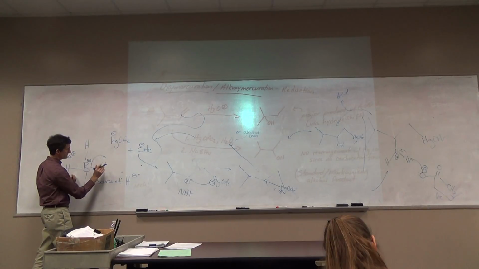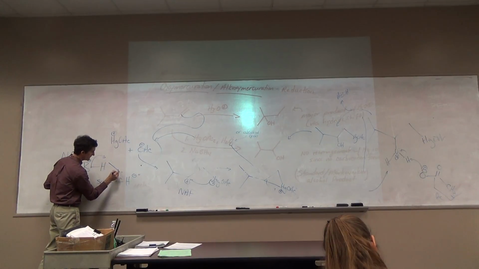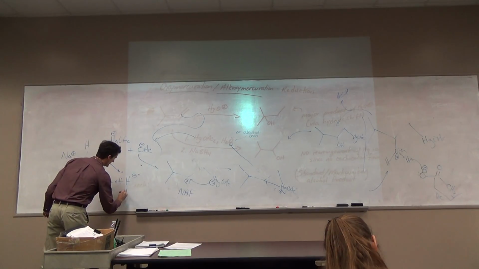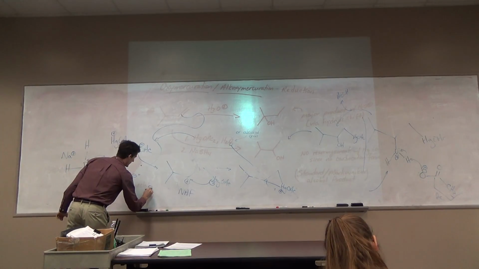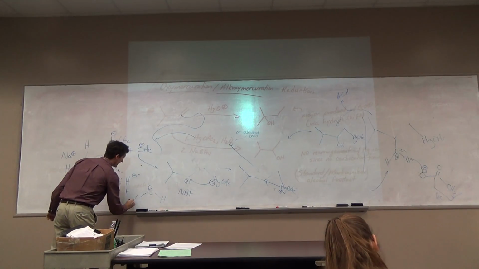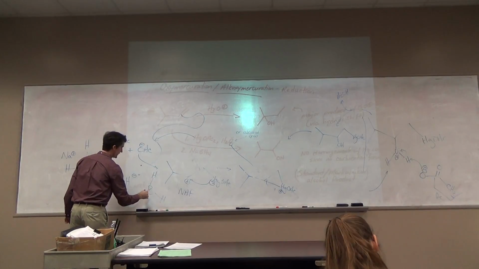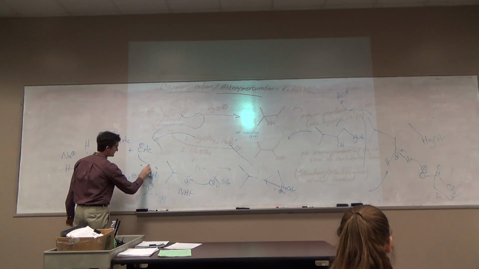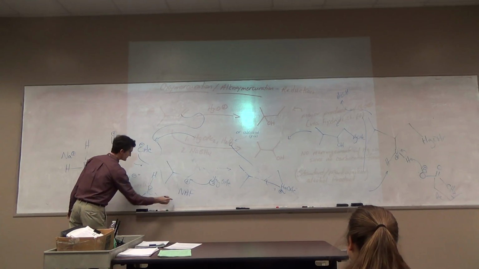We can even just say it becomes this plus what? What does the boron then become? It would then only have 3 H's. And what's the charge of the boron now? It's now neutral.